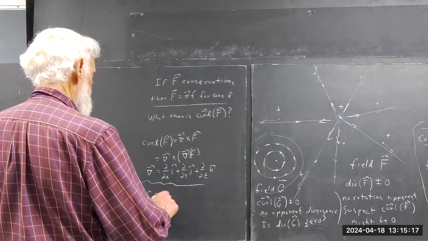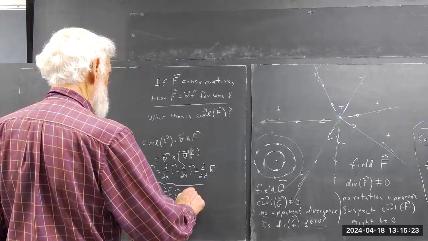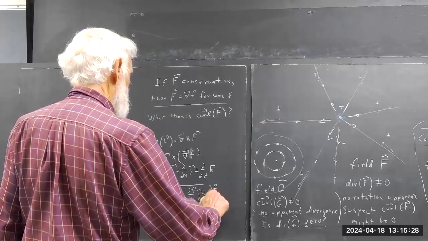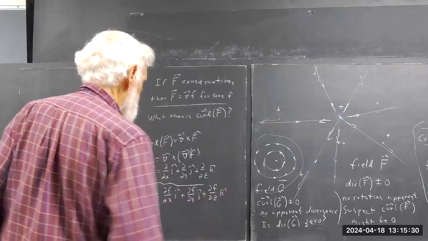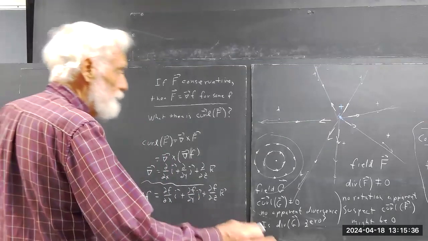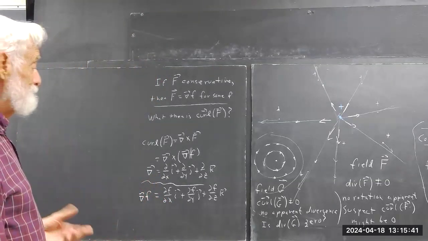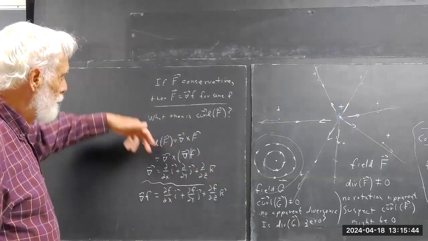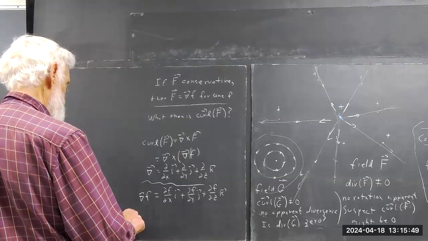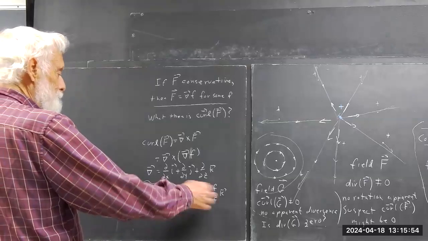Del cross F is this. Everyone wants to write the determinant, and that's appropriate in this case because you've got three components here, three components of the del operator. You're probably going to want to use the determinant. And I would use the determinant, even though I like the distributive law.